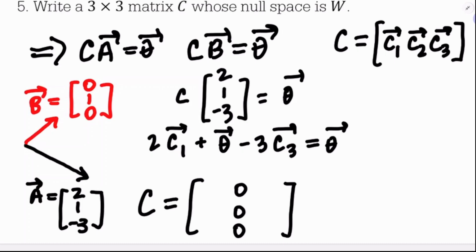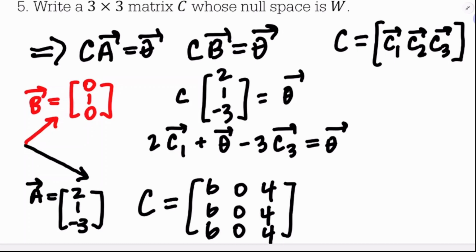So just as long as 2 of C1, let's do 6. Maybe I'll do 6, 6, 6 there. And so 12 minus 3 times 4, 4, 4, that would be an example of a C that would work.